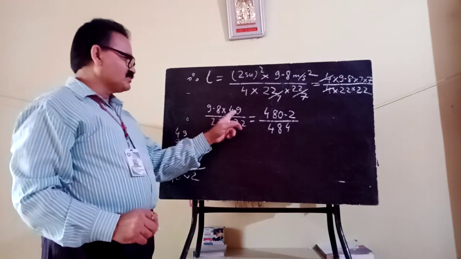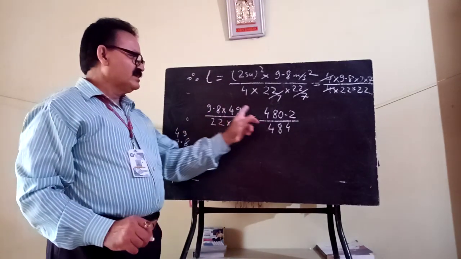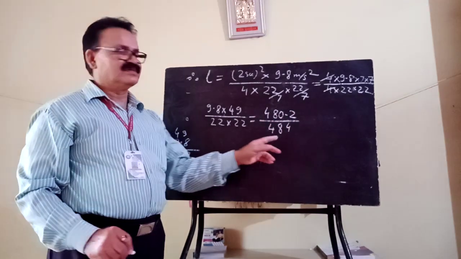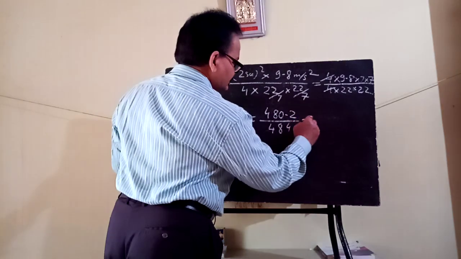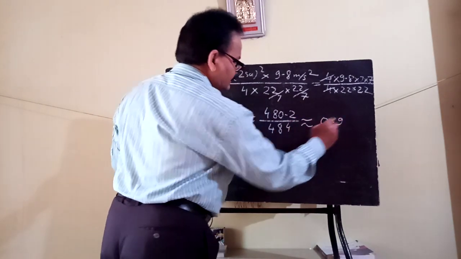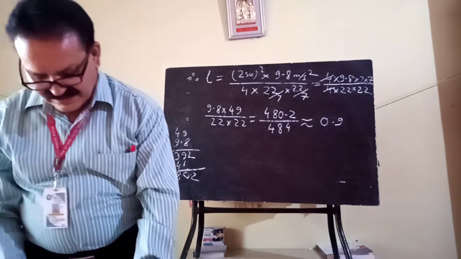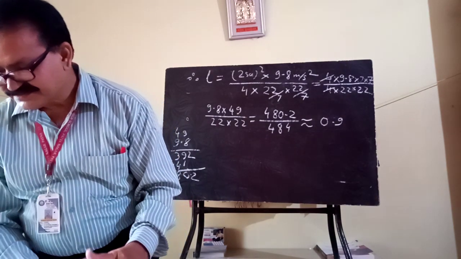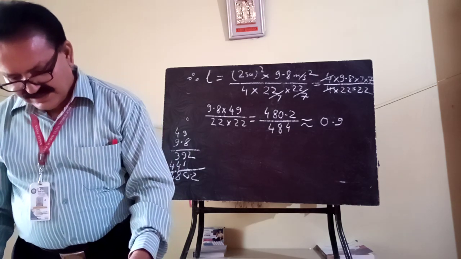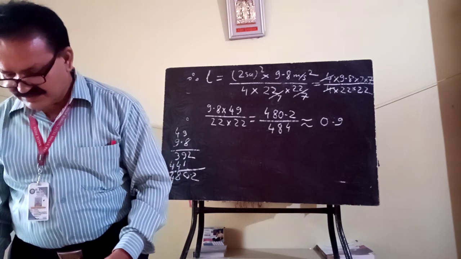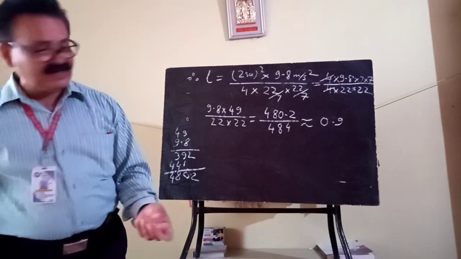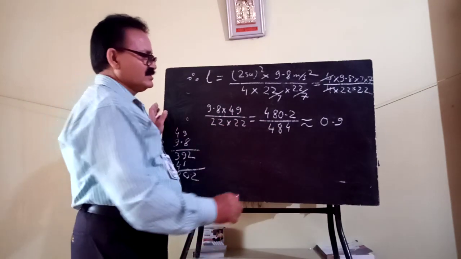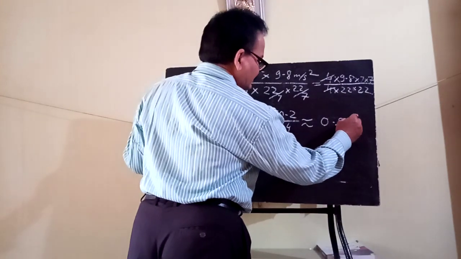When 49 is multiplied with 9.8, it will become 480.2, and the denominator is 484. So your answer will be approximately 0.9. You may divide it, definitely it will be a little bit less than 1 meter.